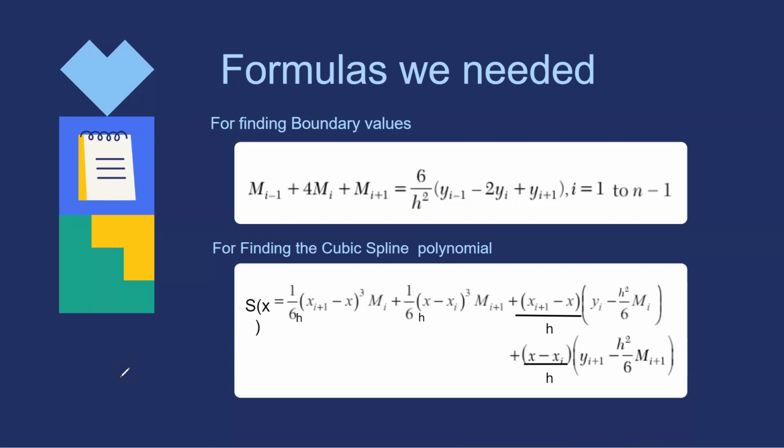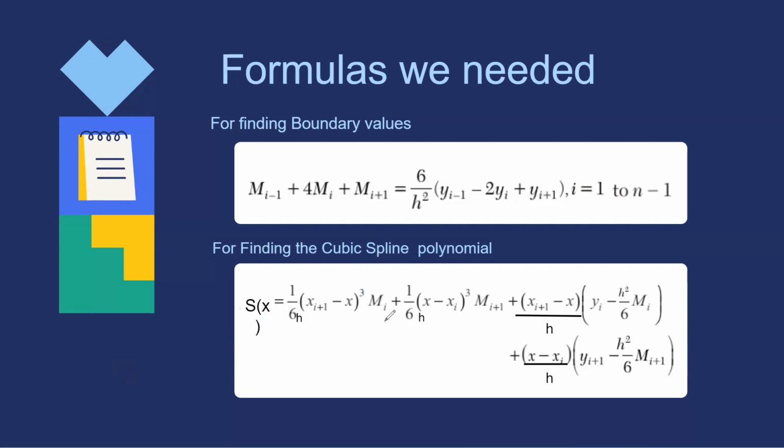Here m is the boundary values, and we find s of x using this equation, where h is the step size and mi are the boundary values.